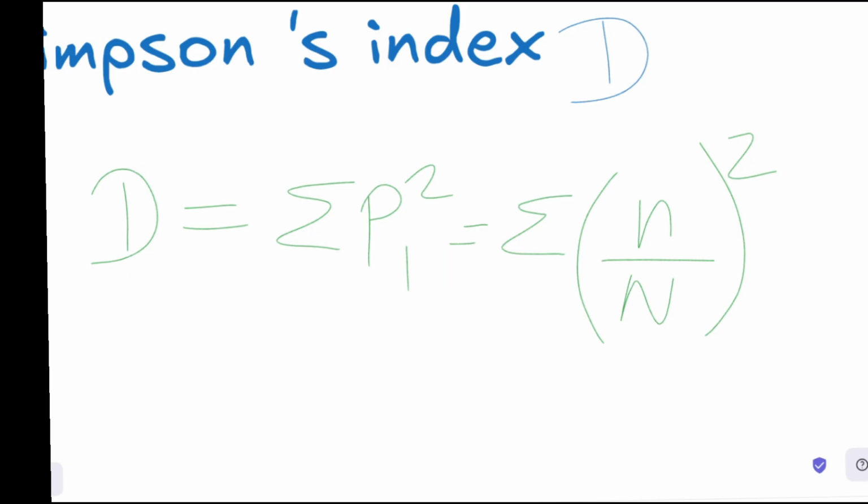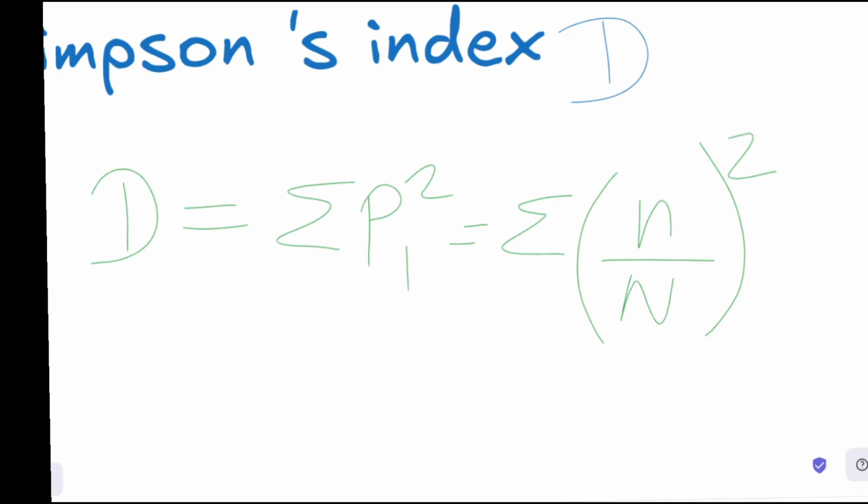There are two versions of the formula to be calculated. D is equal to the summation of the relative abundance of each species, that is small n upon capital N, where small n is the total number of individuals of a particular species in a sample, and capital N is the total number of individuals of all species present in the sample.